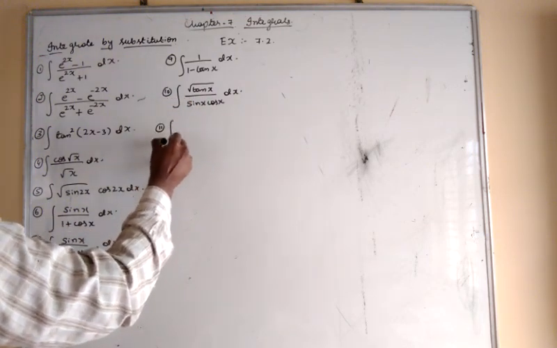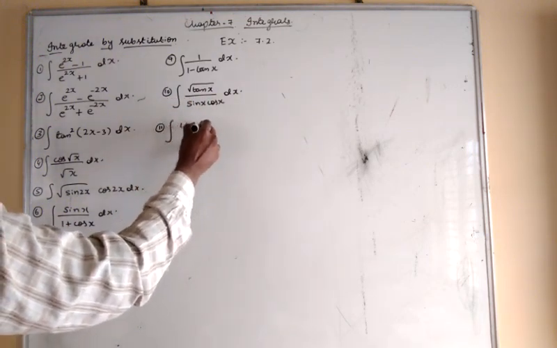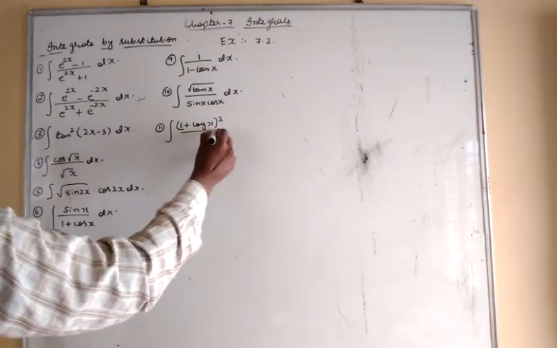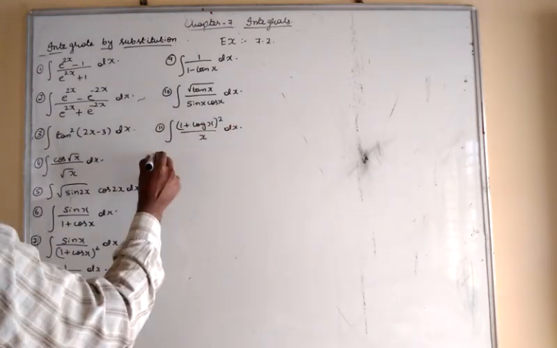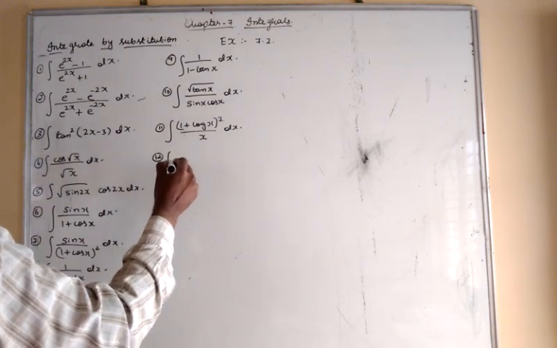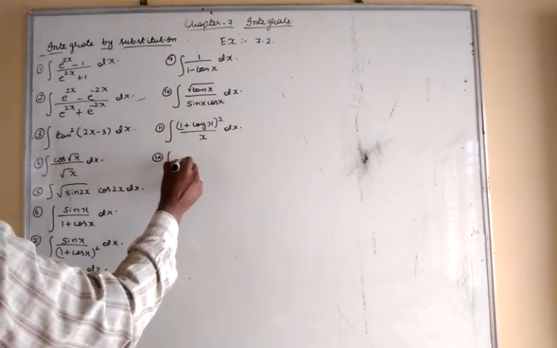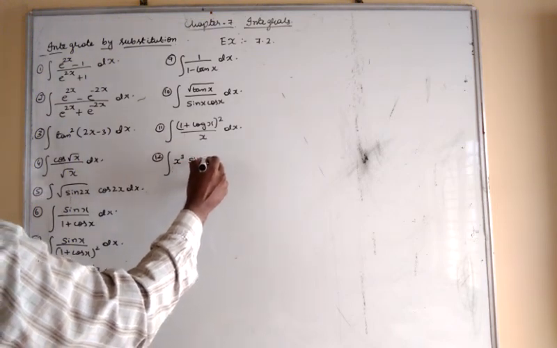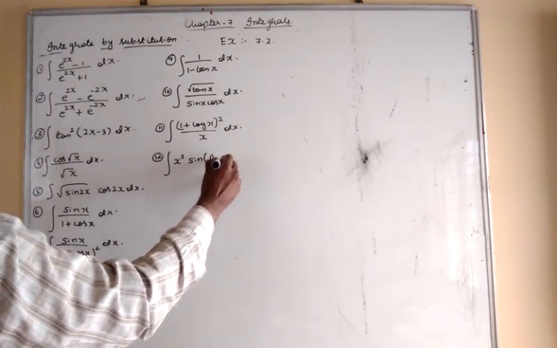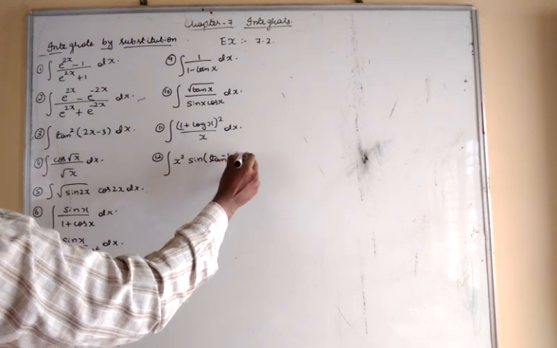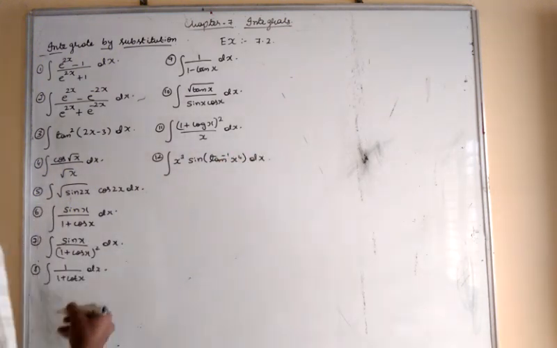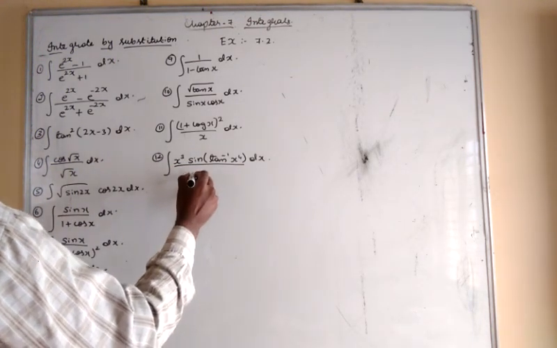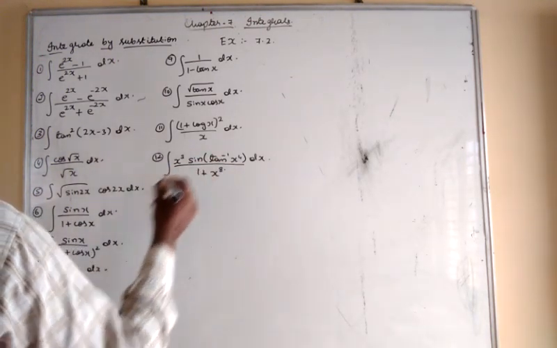Then 11th one, integration of (1 plus log x) whole square by x dx. Then 12th one, integration of x cube sine of tan inverse x to the power of 4 dx by 1 plus x to the power of 8.